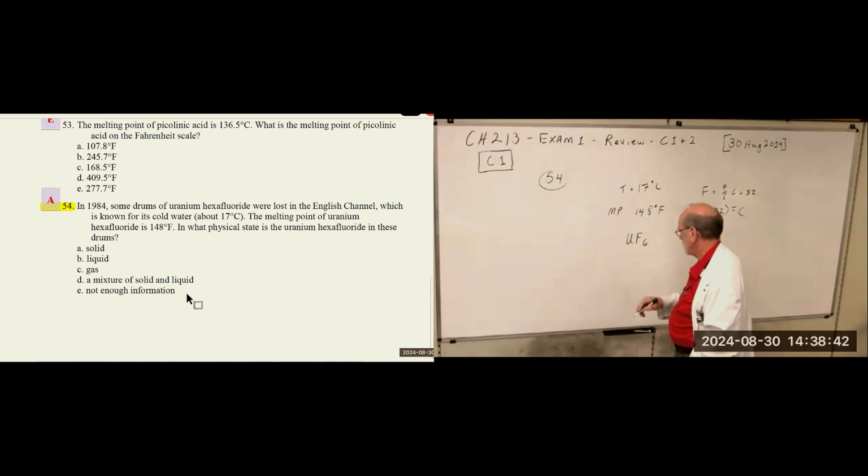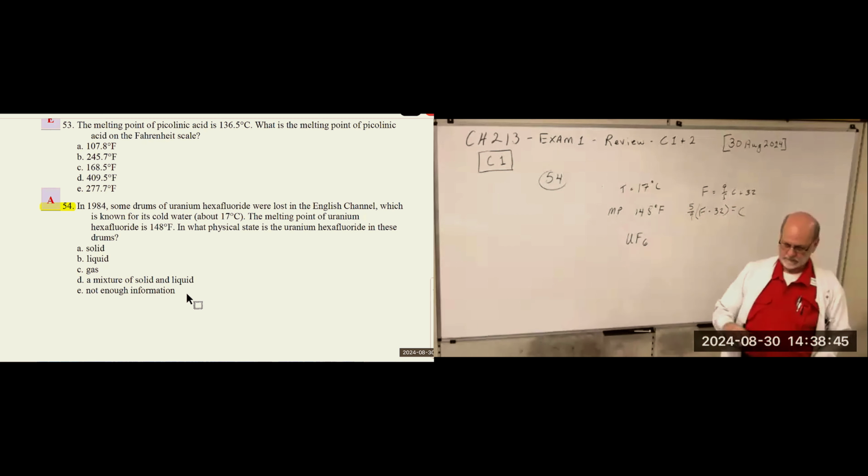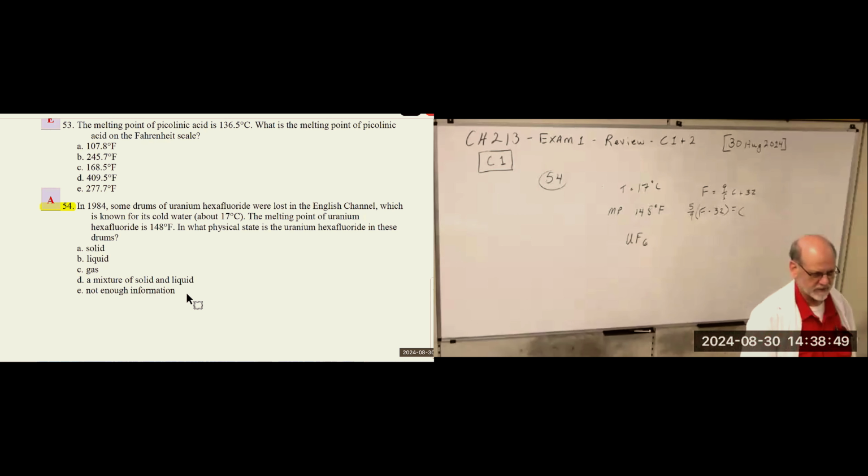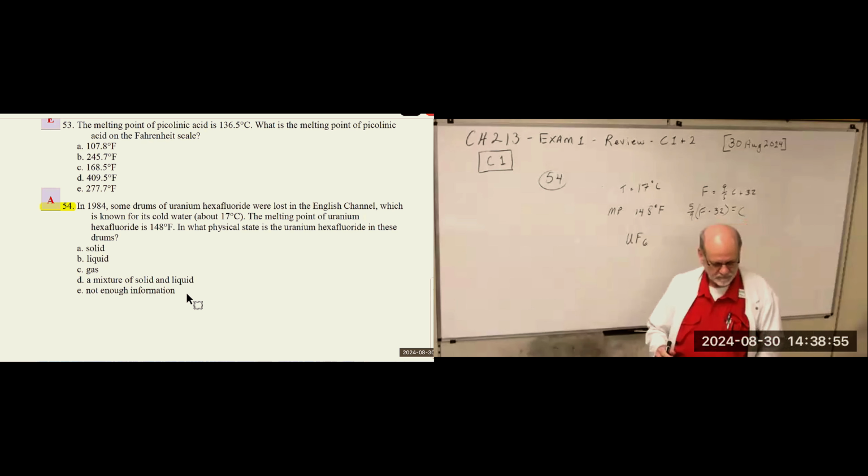Hexa, 6. Why do they even do that? Why do you make uranium hexafluoride? Well, it has to do with the way we purify or concentrate U-235. There are a number of methods and they all involve gases.